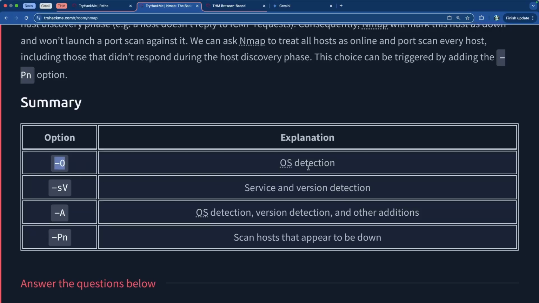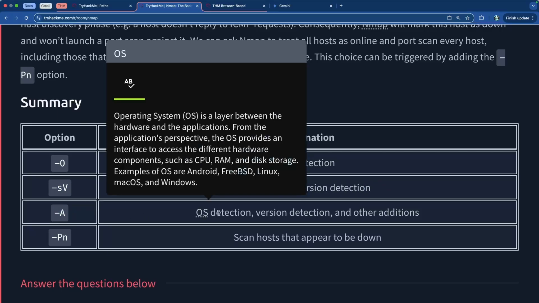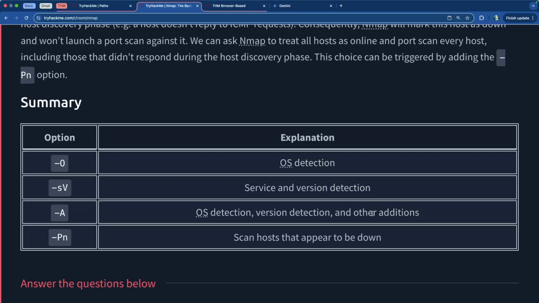So capital O is the OS detection. Lowercase s capital V is the service and version detection. Capital A does everything, and this is another one of those things that takes a long time. So if you do a capital A on all of the 65,000 ports, step away from your computer, come back in a couple of hours. It's going to take a while for it to finish that scan.